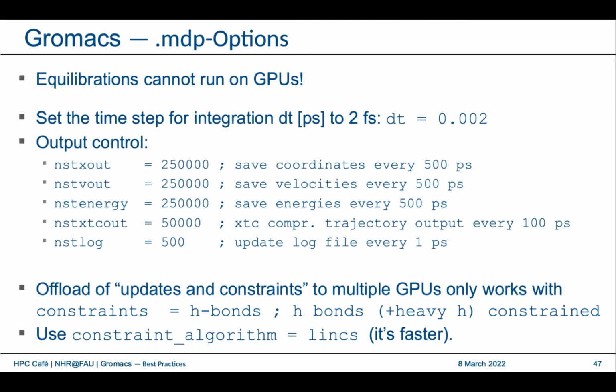I told you before that the update and constraints offload on multiple GPUs only works with constraints on H bonds, so on hydrogen bonds. If you want to use this option, set constraints in the MDP file. And also use the LINCS algorithm for constraints in Gromacs because it's faster.